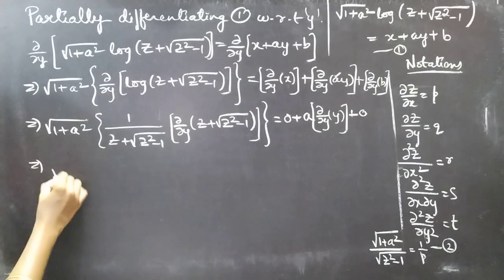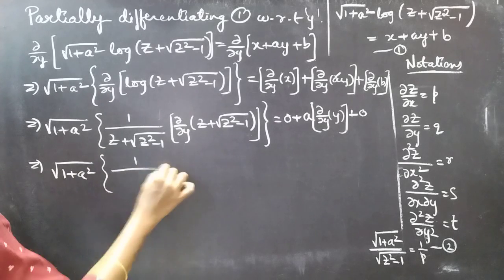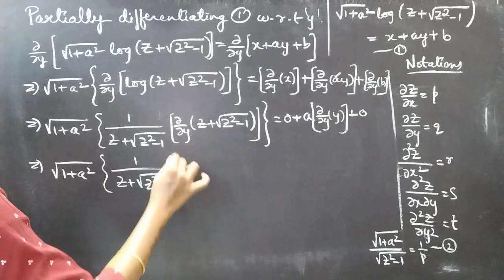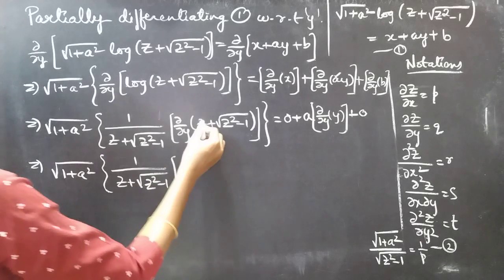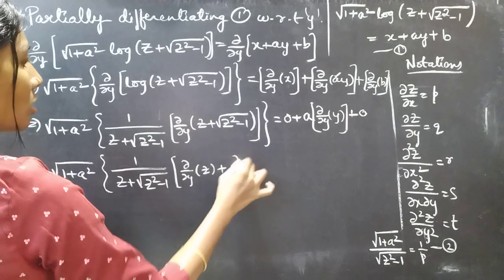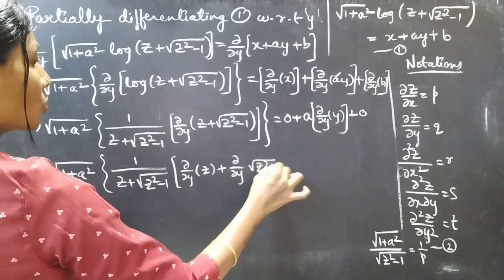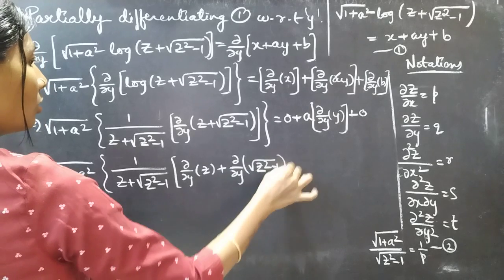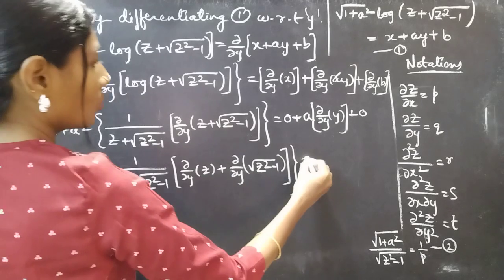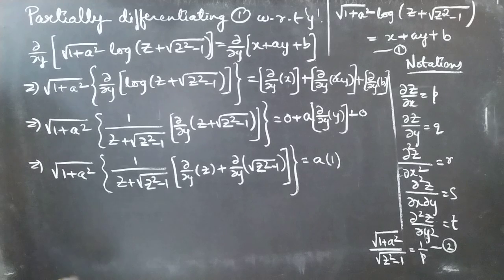Fine. Now this gives us square root of 1 plus a square into 1 by z plus square root of z square minus 1 into partial derivative of first term plus partial derivative of second term. You can skip this step also and you can write directly equal to a into partial derivative of y with respect to y is 1.